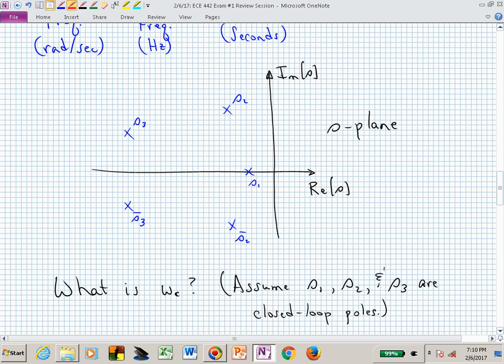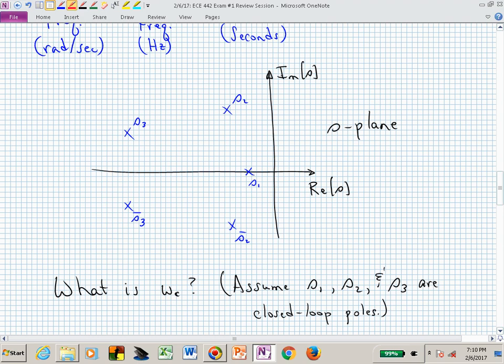How do I illustrate dominant? How do I dominate somebody? Dominant, in the S-plane, is the pole closest to the origin, right?